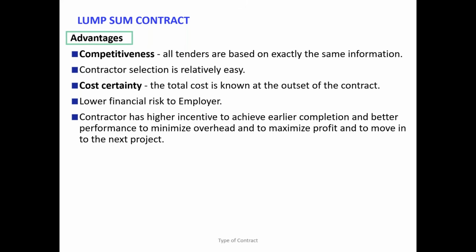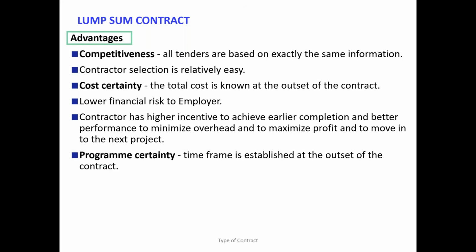For all of these, one month is a big amount. So if they complete early, they get the benefit. That benefit goes to the contractor, not the employer. Therefore they are motivated to finish the project. Program certainty is there because, since the scope of work is well defined, the time for completion is also well defined.